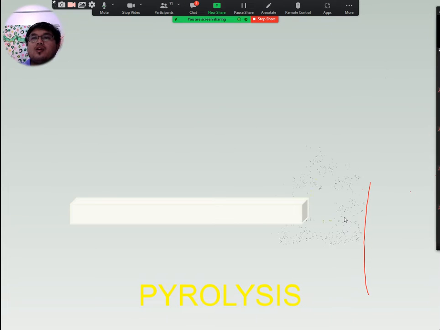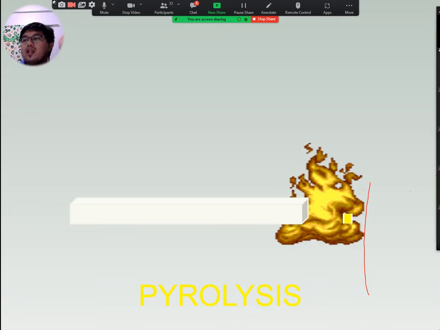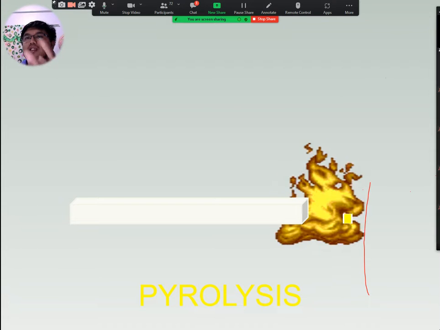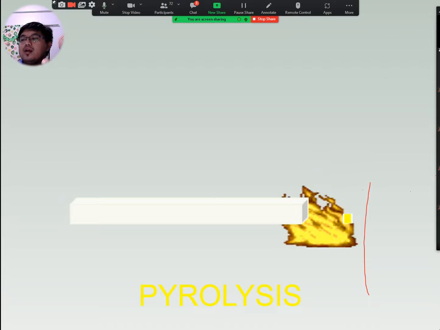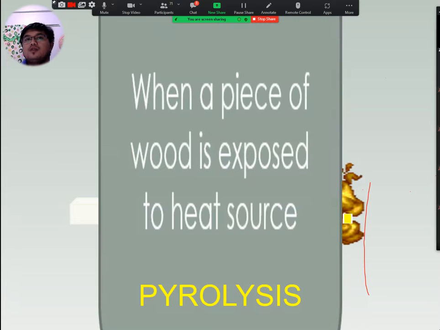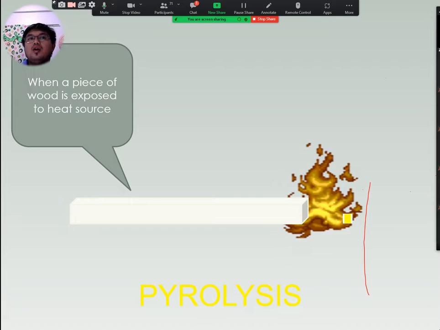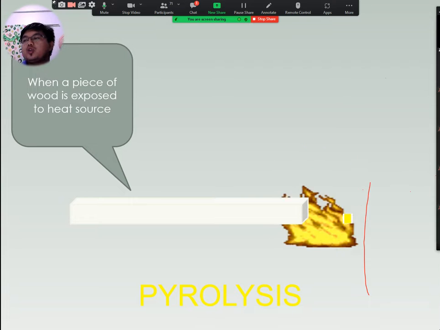Another example here. Ito yung kahoy ni lolo mo. Gusto mong sunugin. So, anong gagawin natin? Okay? You try to ignite. You try to heat. You put the heat. Papainitan mo yan ng papainitan. You expose the wood to a heat source.